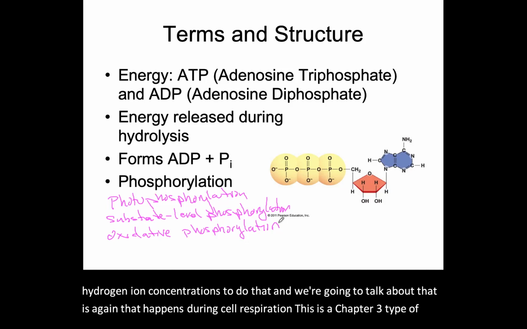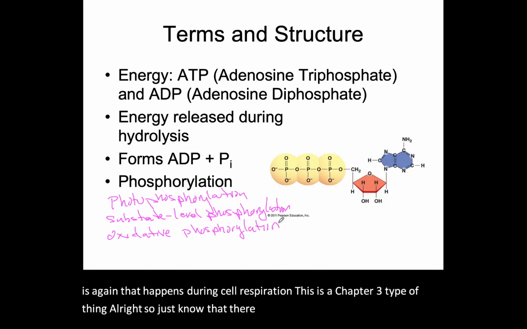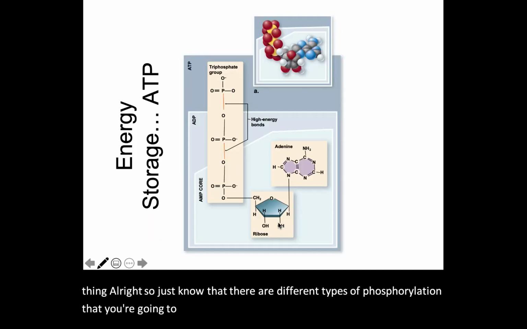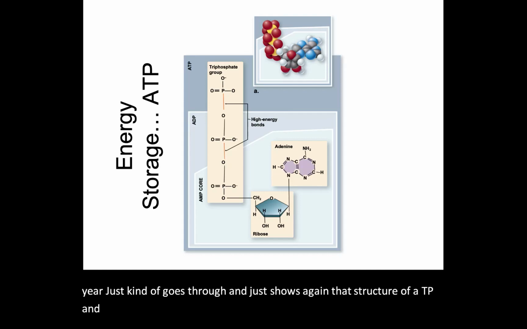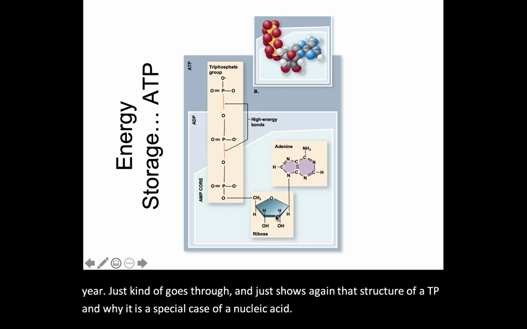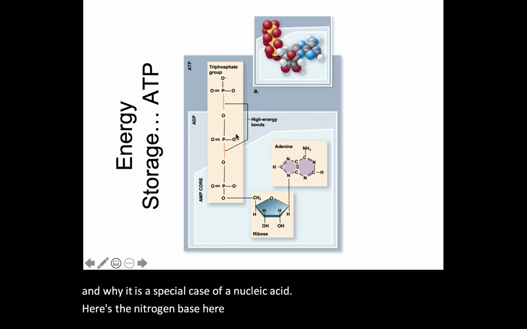So just know that there are different types of phosphorylation that you're going to be responsible to apply, know, and understand. This here goes through the structure of ATP and why it is a special case of a nucleic acid. Here's the nitrogen base. Here's ribose. 1, 2, 3. ATP.